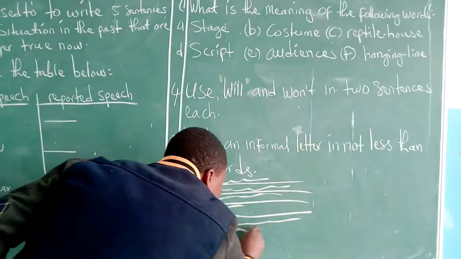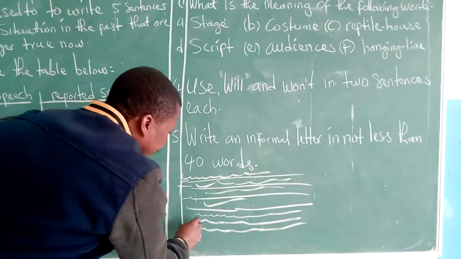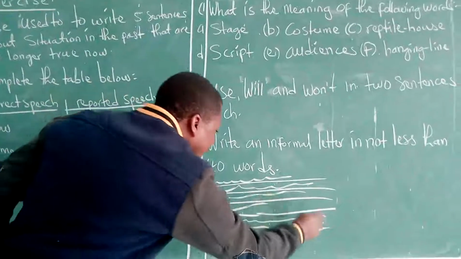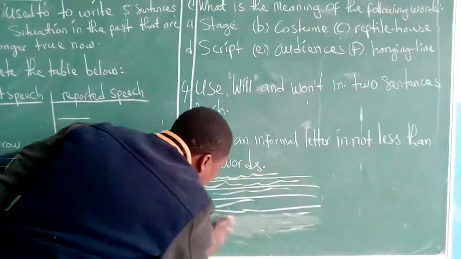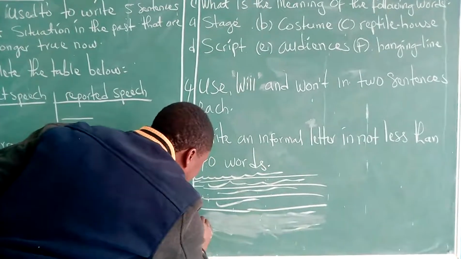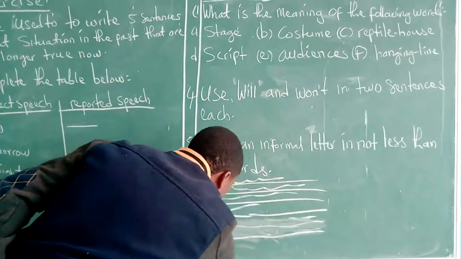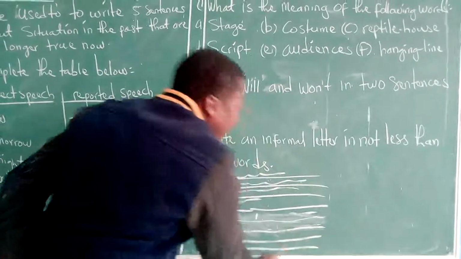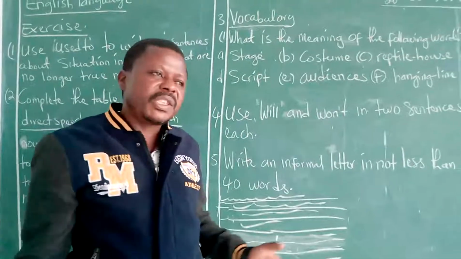This is what we call an indented paragraph. But in block paragraph, after writing the first paragraph, we skip a line and we continue to write our next paragraph on other lines. These are just reminders of those things that we have seen before.